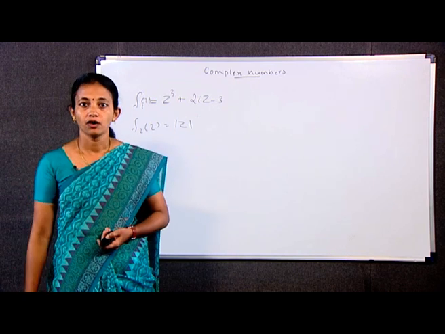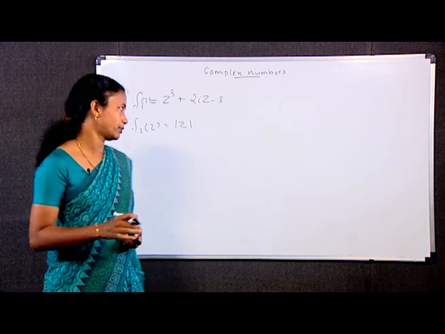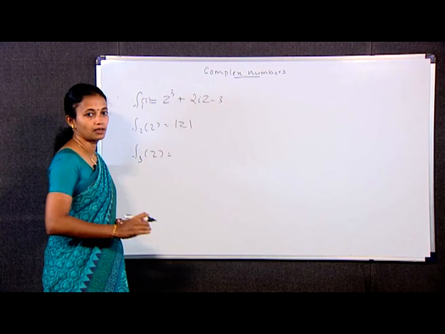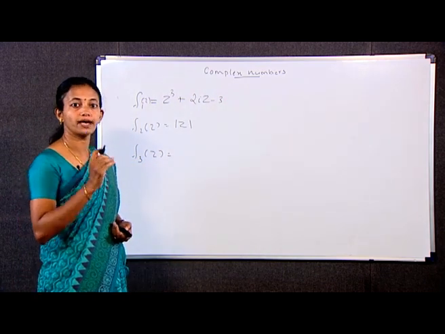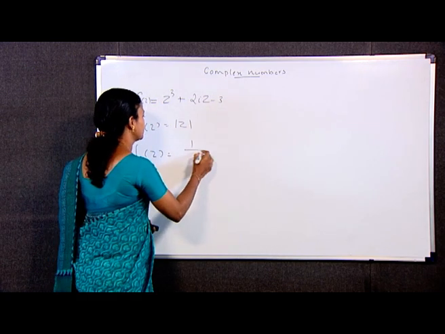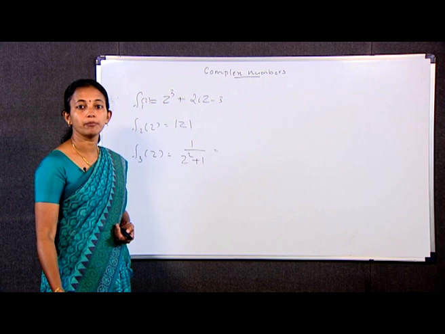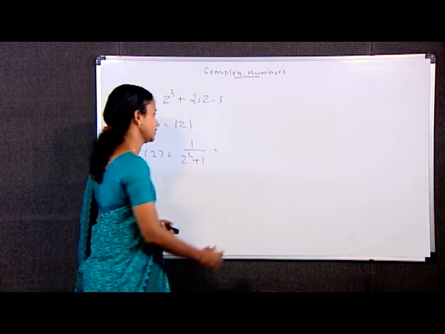while f3 is given by f3(z) is equal to 1 by z squared plus 1, which I can write as 1 by (z plus i) into (z minus i).